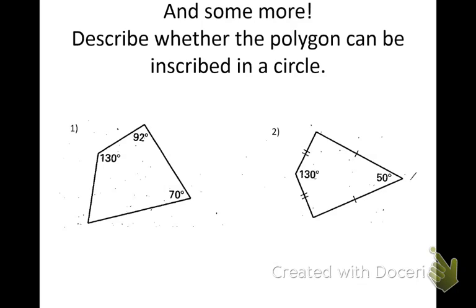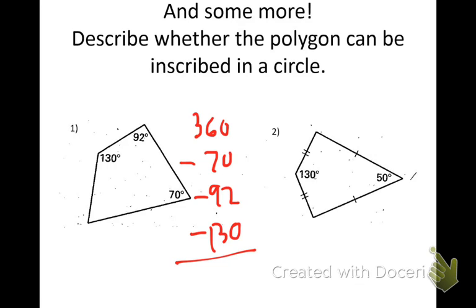We have to find this angle first, right? Before we can tell if these sum to 180, we have to find this angle. How am I going to find that angle? The four angles of the quadrilateral add up to what? 360, right. So we take 360 and subtract 70, 92, and 130.